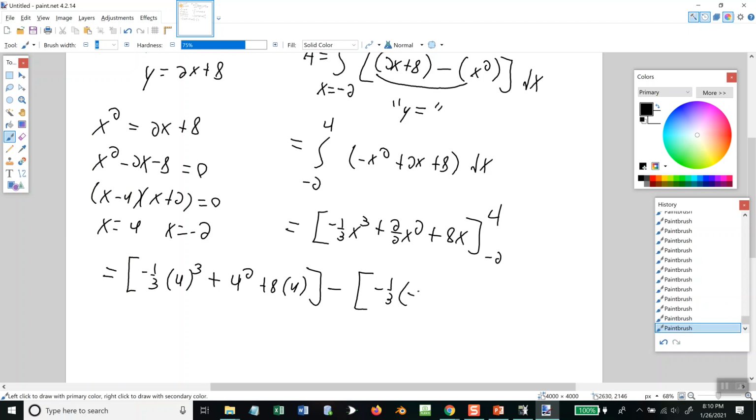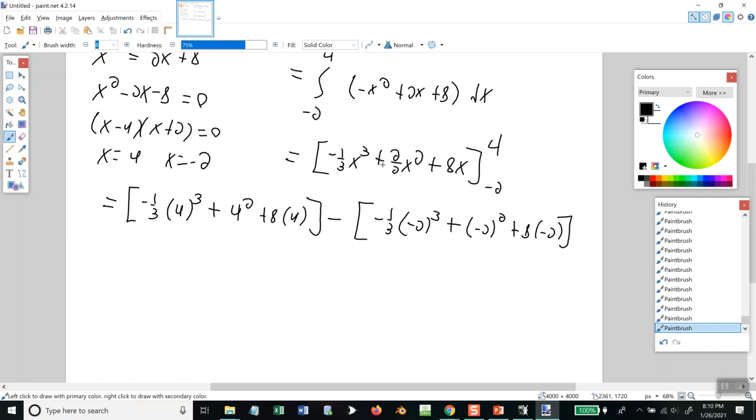Negative 2 to the third power, plus negative 2 squared, plus 8 times negative 2. That gives me negative 64 over 3, plus 16, plus 32, minus negative 2/3 is negative 8 times a negative 1/3 gives us a positive 8/3. And if you see me screw up, be sure to holler.